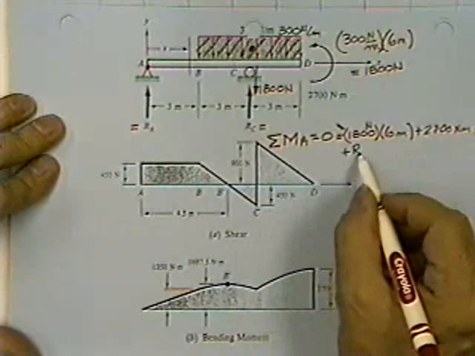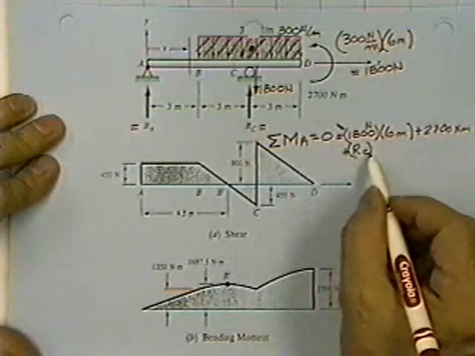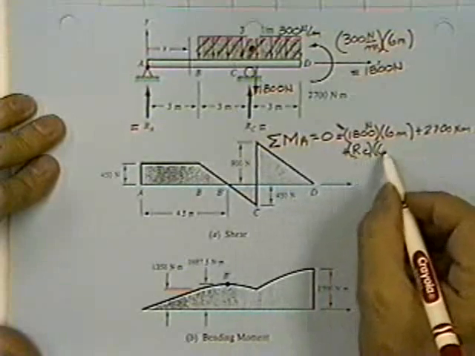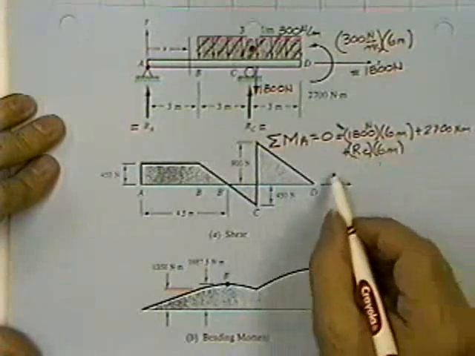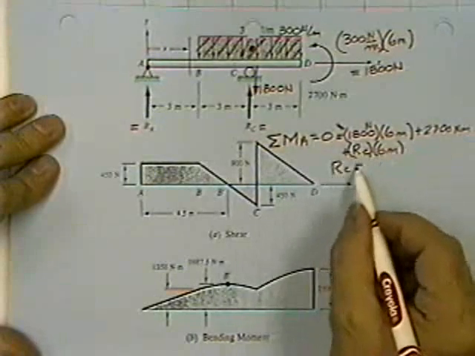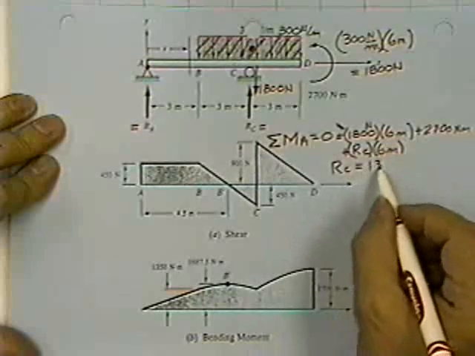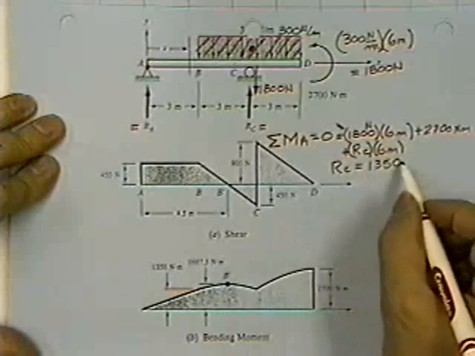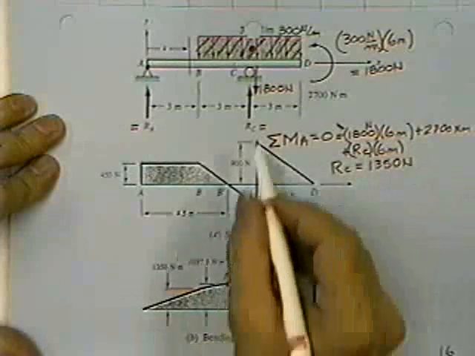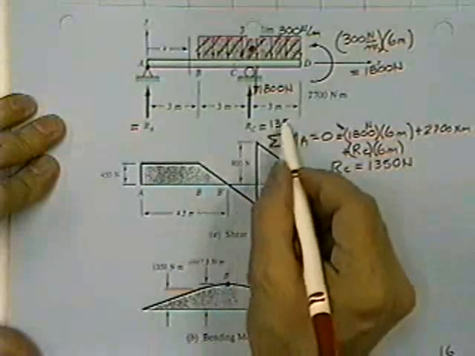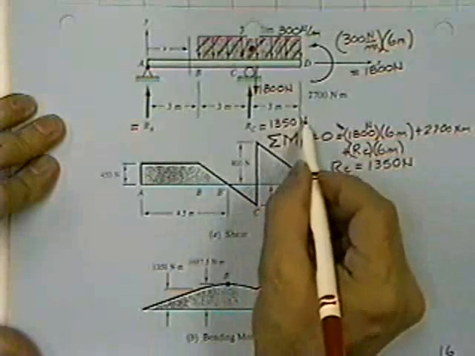Then we've got to have the reaction in there. We'll say plus the reaction at C times its moment arm of 6 meters, and we can solve for the reaction at C. Reaction at C is 1,350 newtons. So we would stick that on the free body, 1,350 newtons.